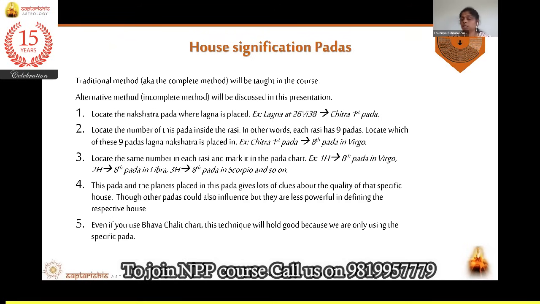The other Bhavachalit chart takes it as the Bhava Madhya point. But either way, this will hold good because we are only focusing, at a microscopic level, on that one single pada. So that pada will be highly influential.